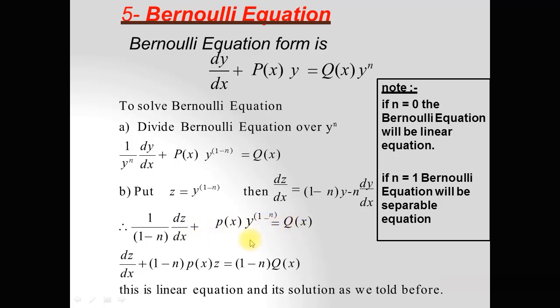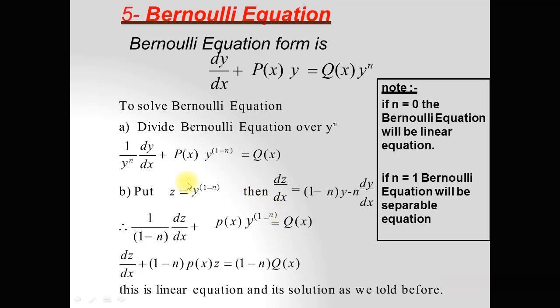Now multiplying both sides by 1 minus n and putting y power 1 minus n is equal to z, we have a new differential equation: dz by dx plus 1 minus n into P of x into z is equal to 1 minus n Q of x.